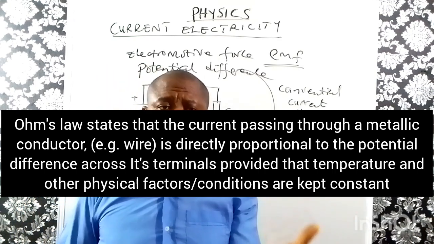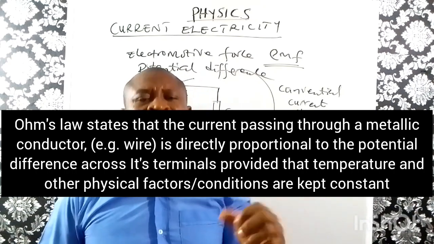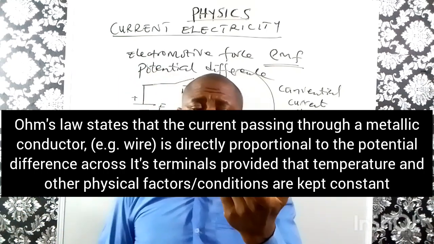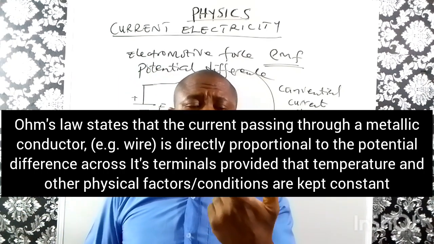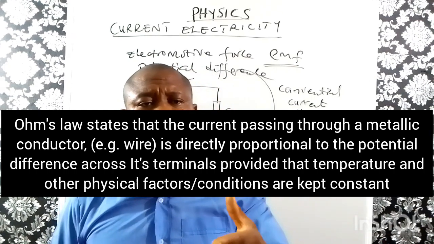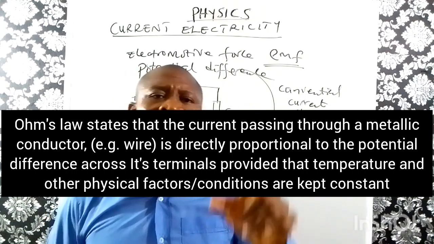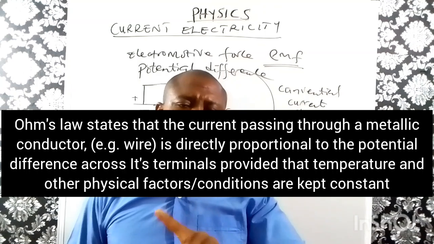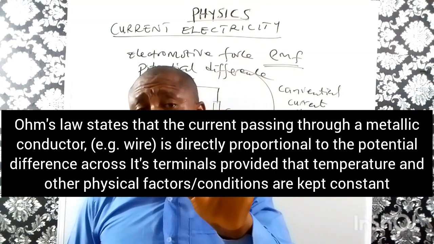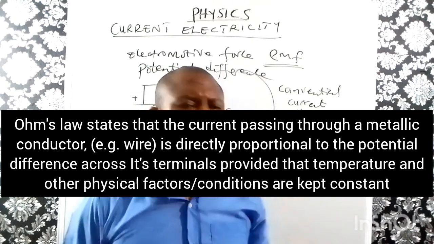Or we can say that Ohm's law states that current passing through a metallic conductor, for example a wire, is directly proportional to the PD across the terminals of that wire, provided that temperature and other physical factors are kept constant.